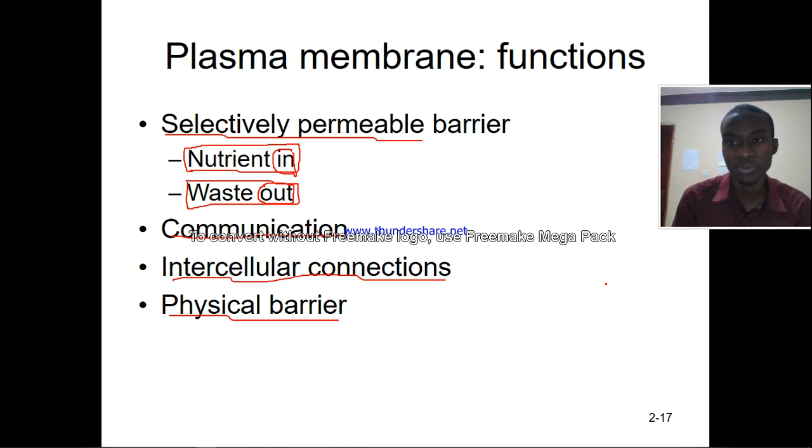Certain tissues, for example keratinized cells, like the skin, which has a tough type of tissue, as we shall see. So it is the plasma membrane that is modified to act as a barrier in such a way that any antigen or foreign material that tries to invade the body is not easily allowed, because the cell types in those tissues do not allow these foreign materials to easily access the internal components. So those are the functions of the plasma membrane.